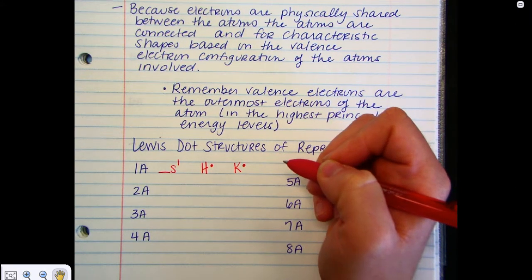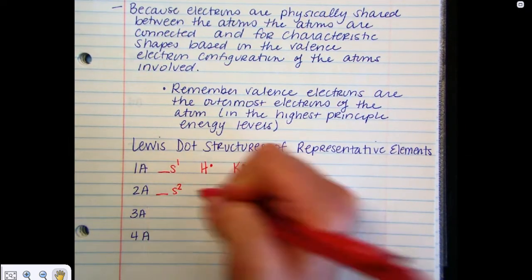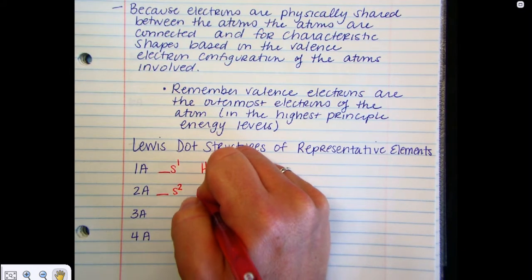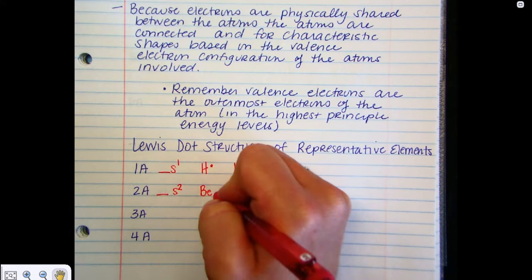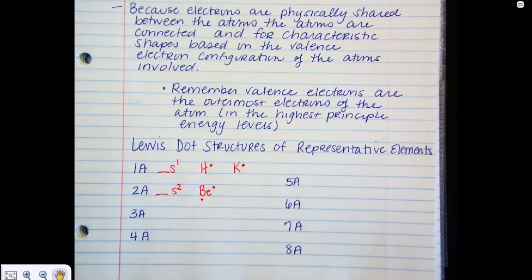Okay? So the 2A column ends in something s2, so it has two dots. Now, when I'm looking at this, like say beryllium is going to have two dots. It's important to know that those two dots are not paired up.